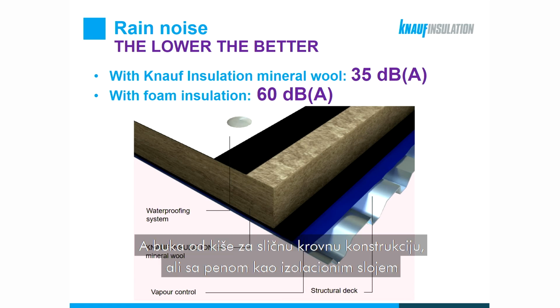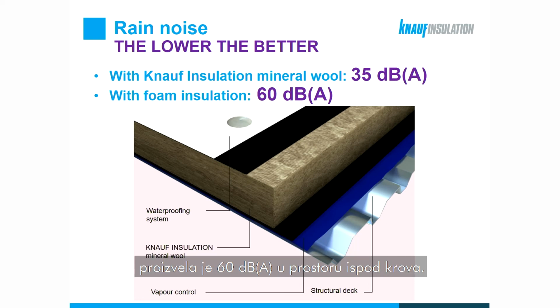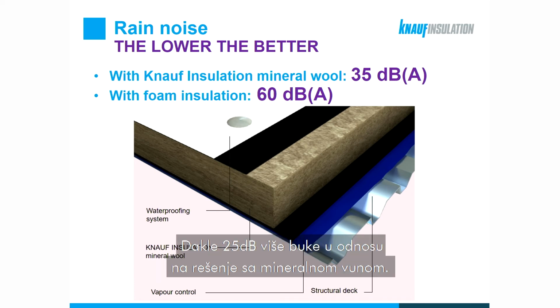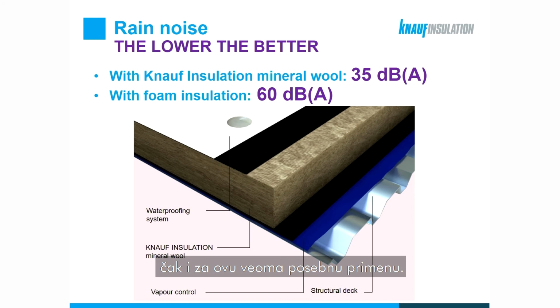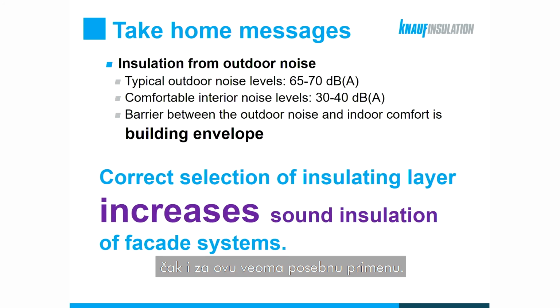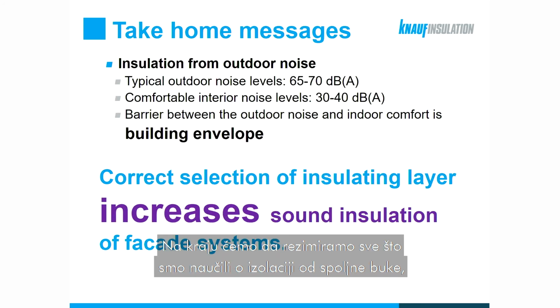And the rain noise for the similar roof construction, but using foam as the insulating layer, produced 60 decibels in the space below the roof. So 25 decibels more noise compared to the roof with a mineral wool solution. And again, it's the porous structure of the mineral wool, the principal reason for the improved acoustic performance, even in this very particular application.